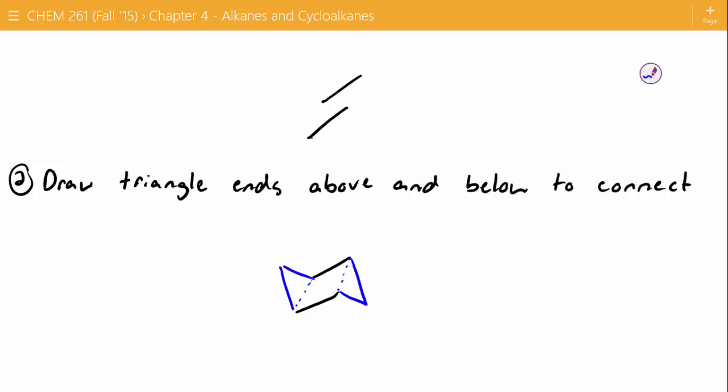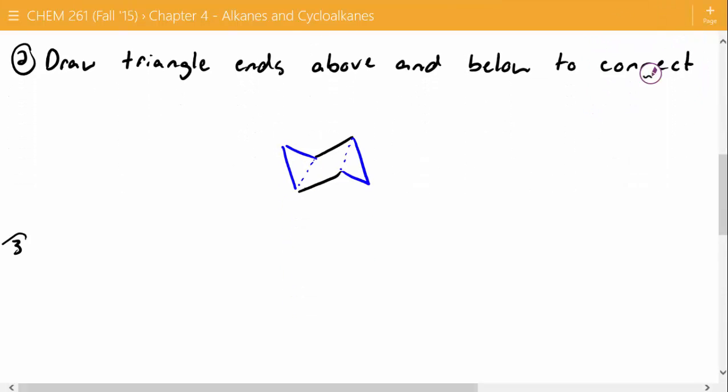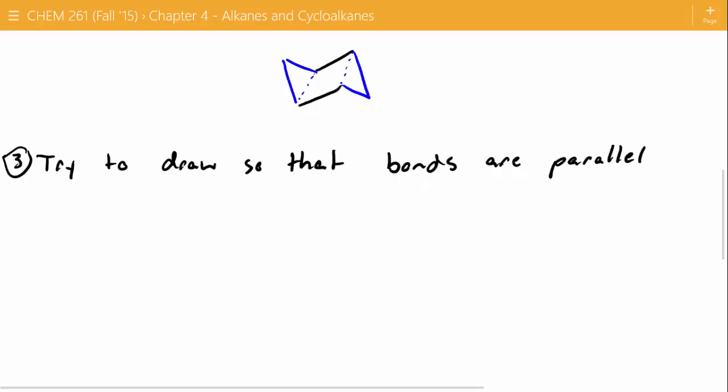The one key thing to note is that you want to try to draw it so that your bonds are parallel to one another. So we already had our first set of parallel lines, right? Our 60-degree angles that were offset, and then we've got our triangles here and here, and then here and here.